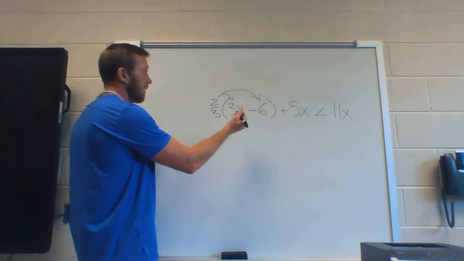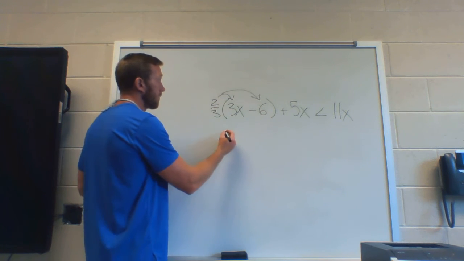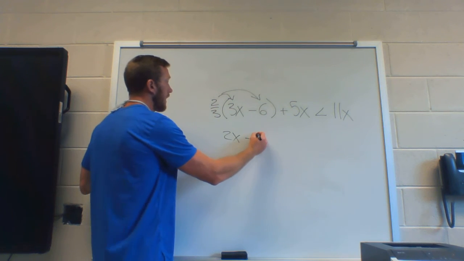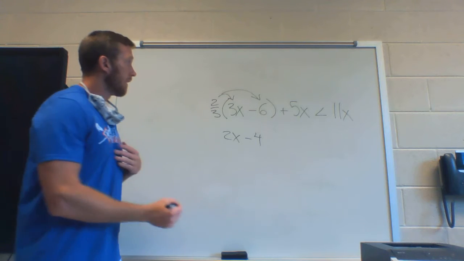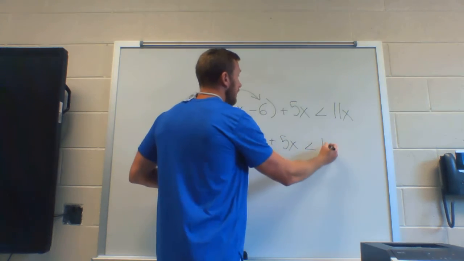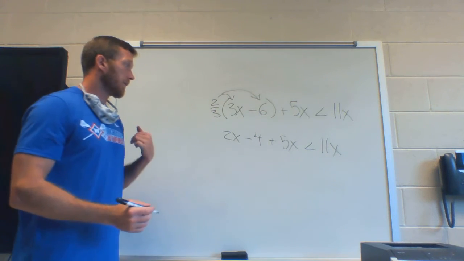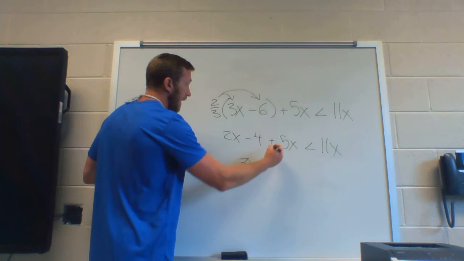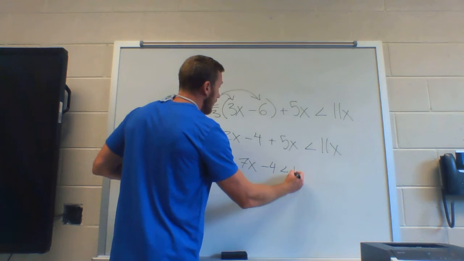For now, 2/3 times 3x is just 2x. 2/3 times -6 gives me -4. We're adding 5x still on that side of the inequality, and that's less than 11x. So combine like terms: 2x and 5x makes 7x. We have a -4 on this side as well.